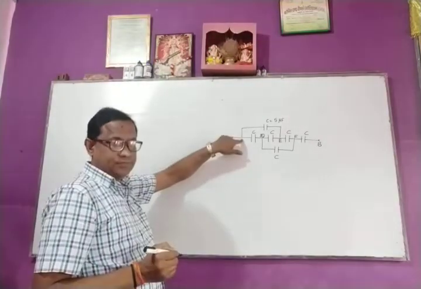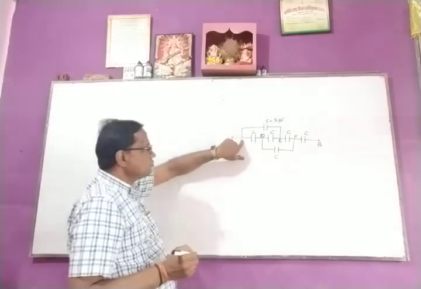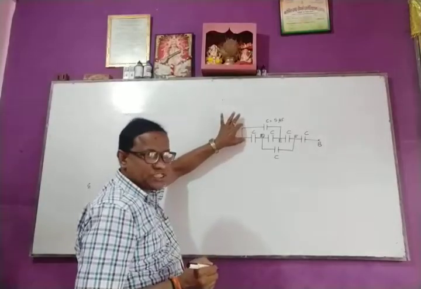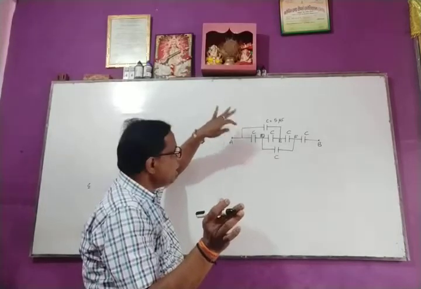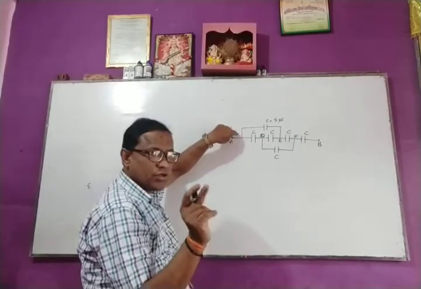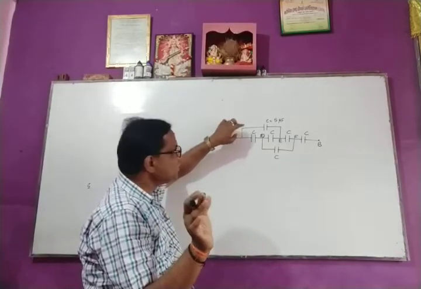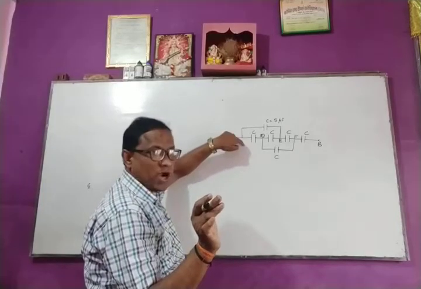From A, there are two branches, two parts. Means, if A is the one terminal, then the charge is distributed in two parts.